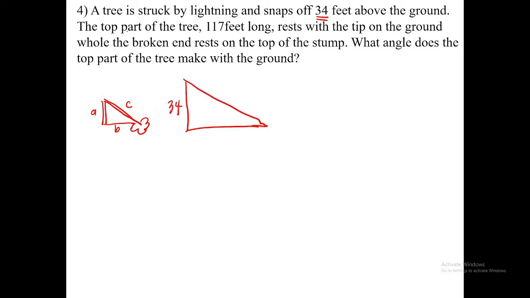Now, the top part of the tree, which is 117 feet long, rests with the tip on the ground, the whole broken part, and the end rests on top of the stump. Where do I put the 117 feet? A, B, or C?